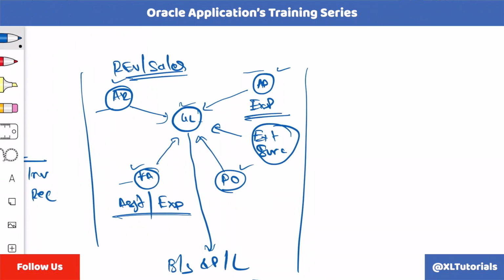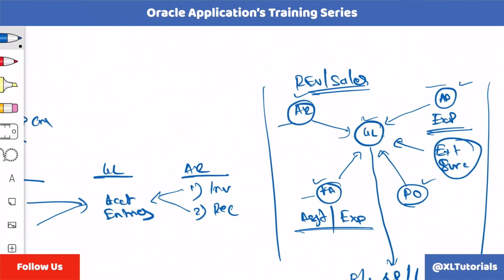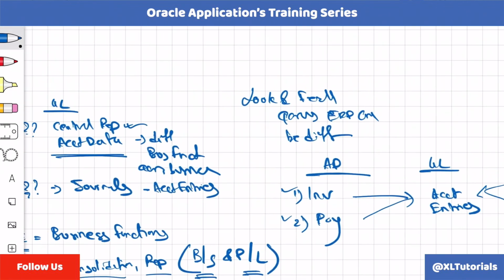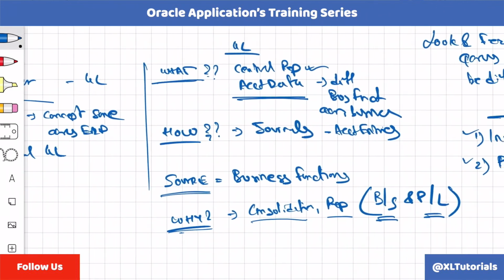That's the beauty of a modular structure. You can, if you want, implement only one module and go from there. The sources could be out-of-the-box, like the Oracle modules, or totally different external sources. So that's the concept of Oracle GL that I wanted to cover.